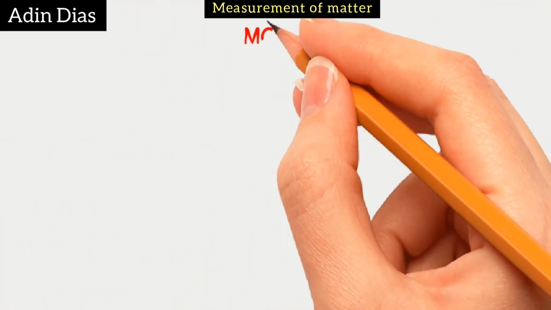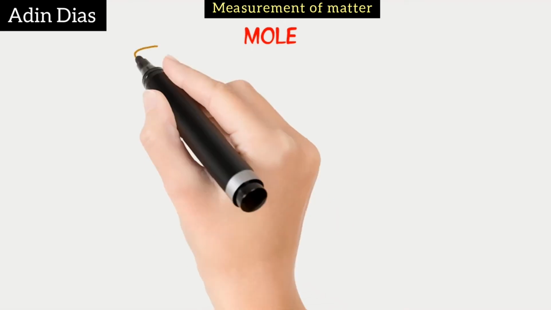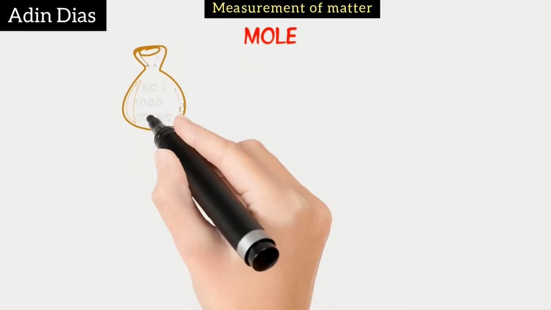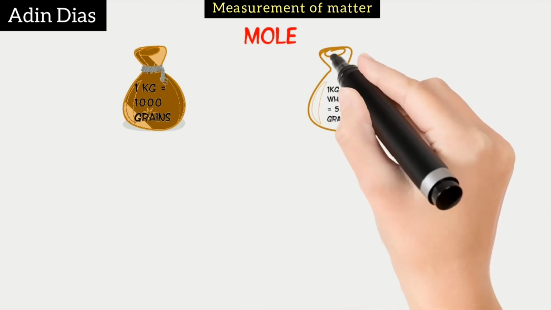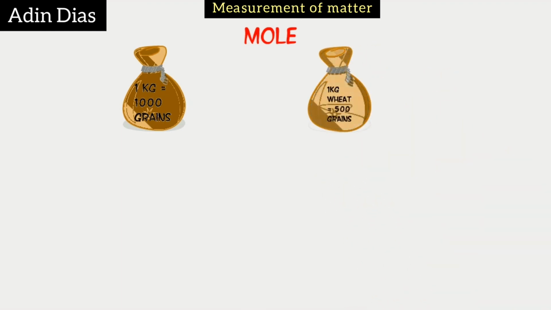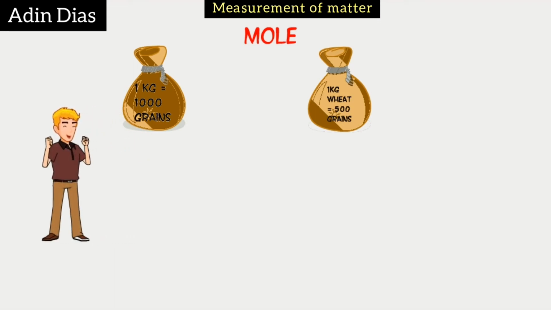As we are done, we move to the concept of a mole. Suppose 1 kilogram of rice contains 1,000 grains. Similarly, 1 kilogram of wheat contains 500 grains. There is a boy called Dave who loves to play. If Dave's mom tells him to bring 1 kilogram rice, what will he tell the vendor?